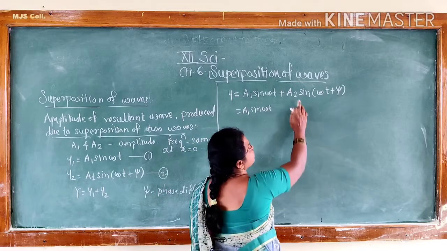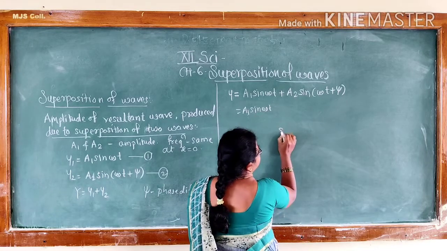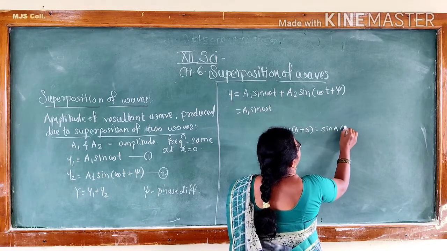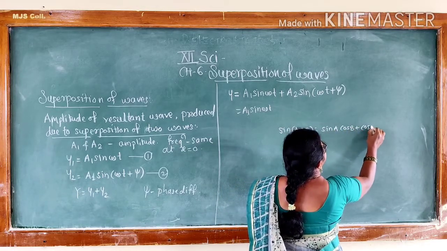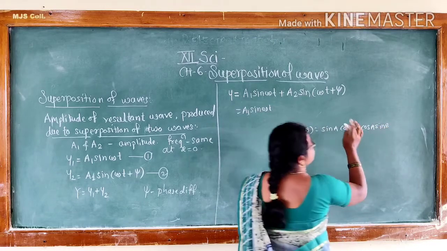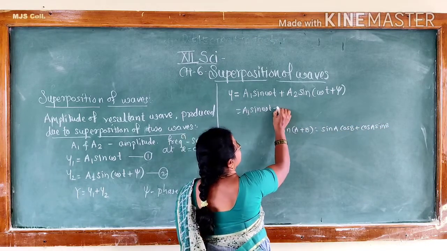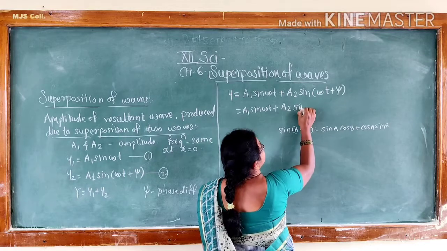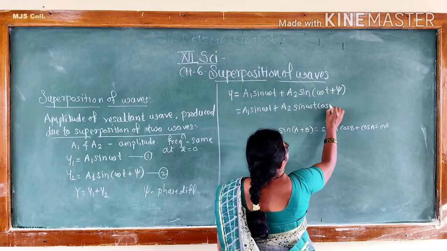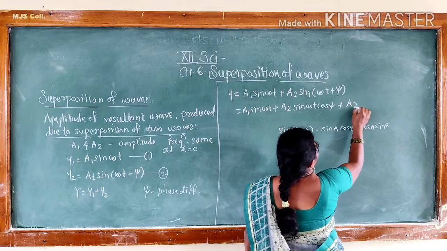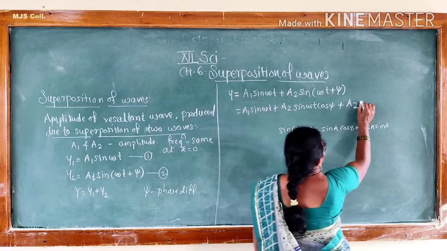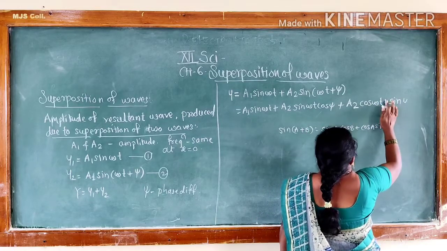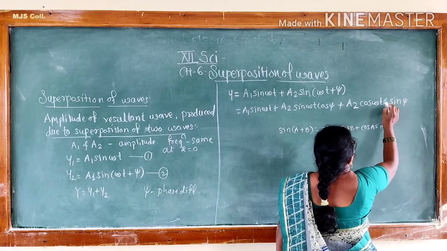Okay, now next, A1 sin(omega t). By using the formula sin(A plus B) is equal to sin A cos B plus cos A sin B, we will get plus A2 sin(omega t) cos(psi) plus A2 cos(omega t) sin(psi).